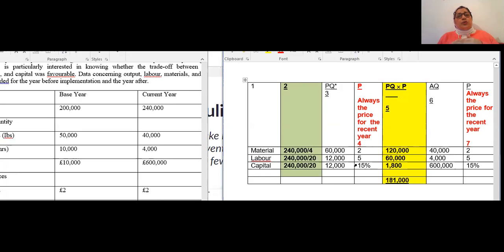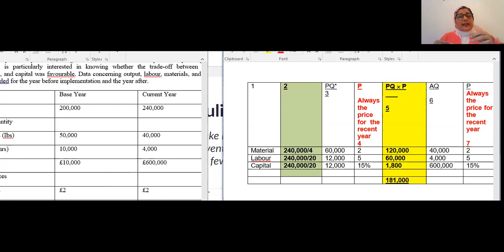When it comes to using the prices, you always use the price for the recent year. It might be confusing, unfortunately. For this particular question, the prices for both base year and the current year are the same. But definitely in other questions, prices will be different.